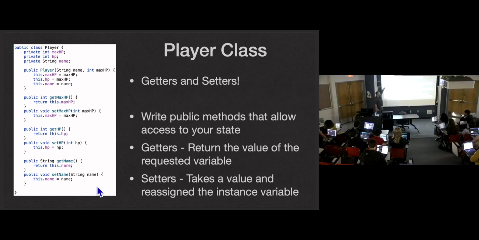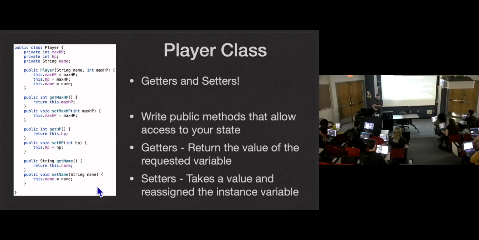Anything in these braces for the player class can access these private variables. Anything outside can't. Even though I have methods that are called from the outside world, since they're public, they can be called from the outside world and access those private variables, because the code that's accessing them is within this class. So that code can still be called from outside the class.